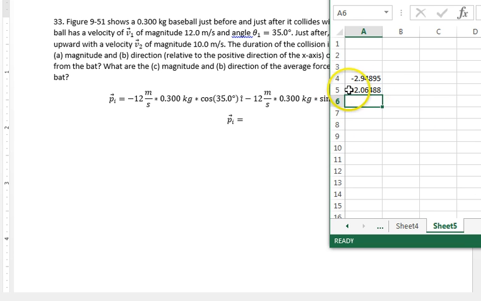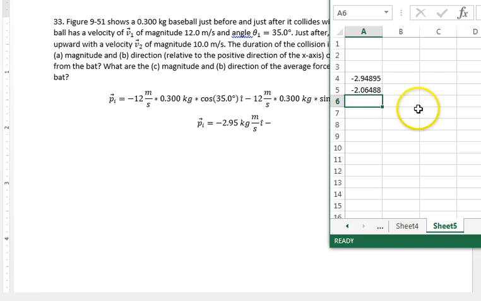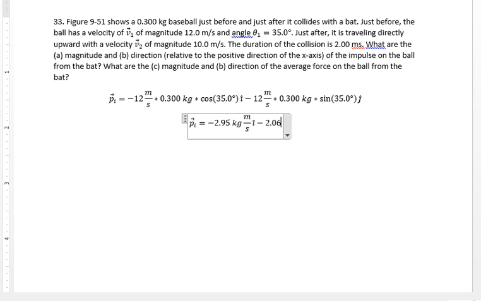So minus 2.95 kilogram meters per second, i hat, minus 2.06 kilogram meters per second, j hat. All right, that is our initial momentum.